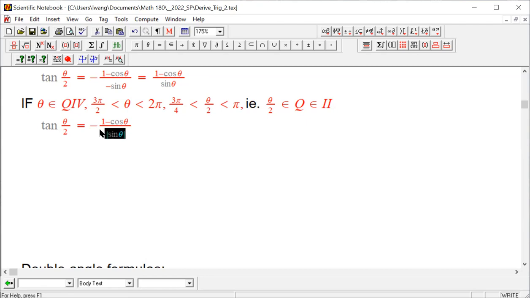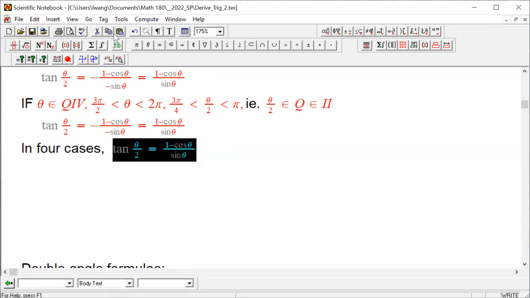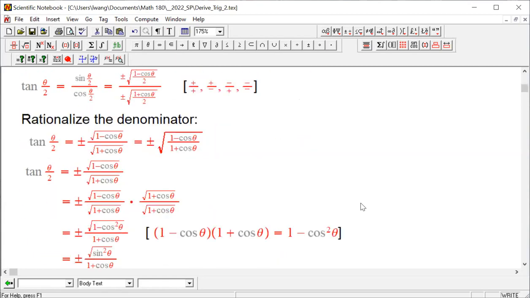The absolute value of a negative is its opposite. So once again, we get the same answer because the negative and this negative reduce. So in all four cases, we get tangent theta over 2 equals 1 minus cosine theta divided by sine theta. So this is the third form.